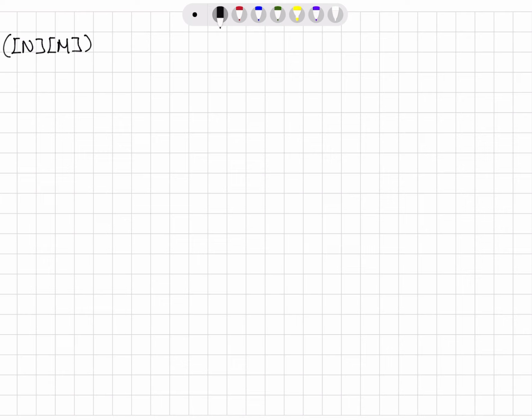So if I take the transpose of this, it actually gives me M transpose multiplied with N transpose.